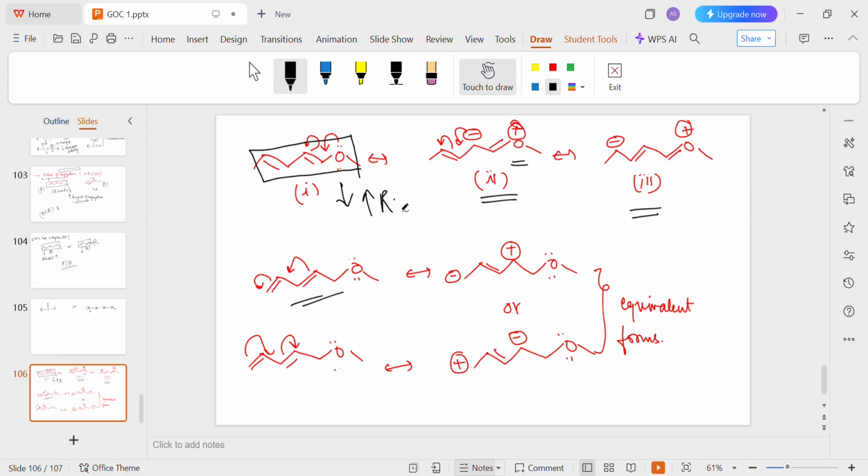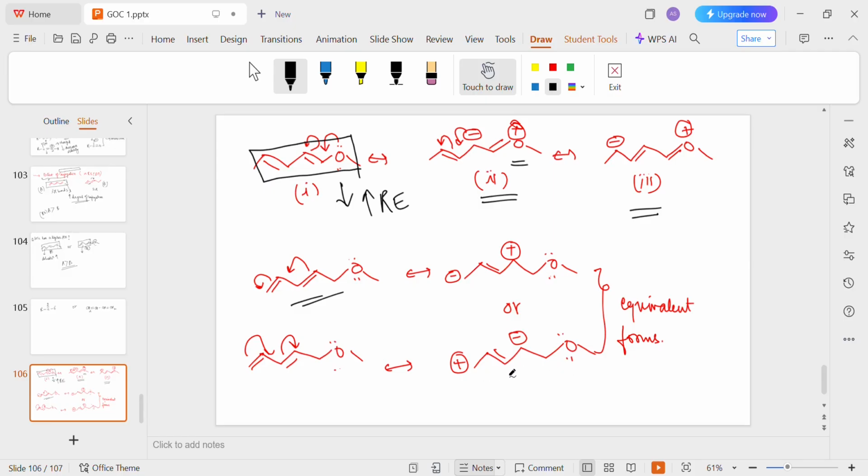इस स्ट्रक्चर में देखो, अगर आप ऑक्सीजन के पास कोई भी चार्ज डेंसिटी नहीं आ रही है, ना पॉजिटिव ना नेगेटिव, सिर्फ कार्बन एटम्स ही हैं और ये दोनों भी इक्विवेलेंट फॉर्म्स हैं. ठीक है, या तो लेफ्ट की तरफ जब जाएगी इलेक्ट्रॉन डेंसिटी तब ये चार्ज सेपरेशन होगा. व्हेन द इलेक्ट्रॉन डेंसिटी शिफ्ट्स टुवर्ड्स राइट साइड, दिस विल बी द contributor.